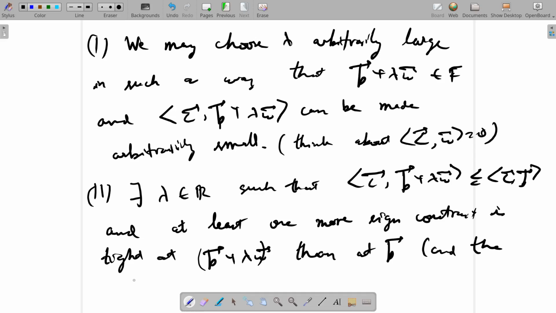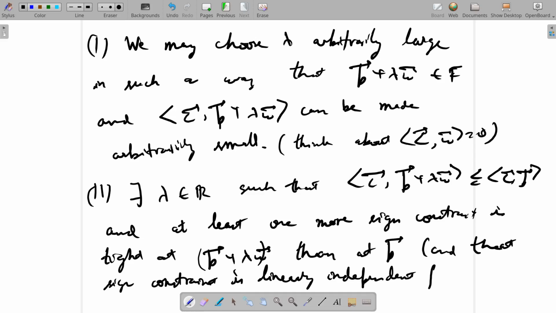And that sign constraint is linearly independent from the constraints in S. So for this new point, if I'm calling this, let's say, P star, and you are able to add one more index where the sign constraint is tight, then this S will also be updated.